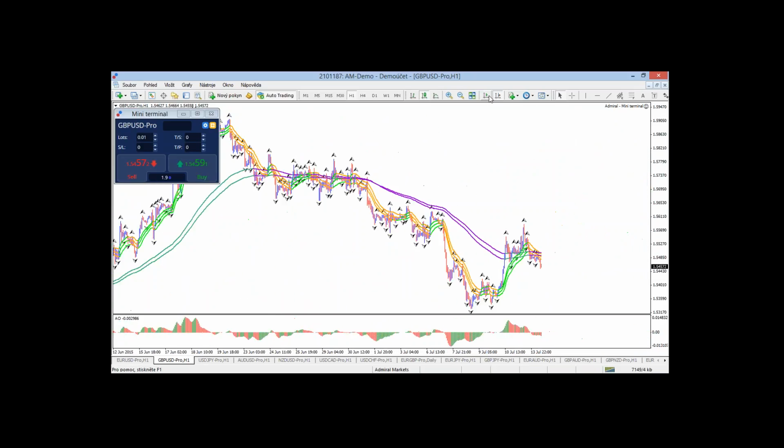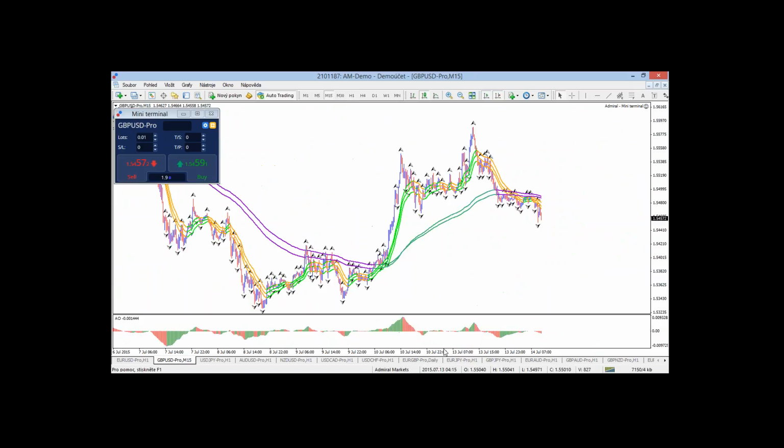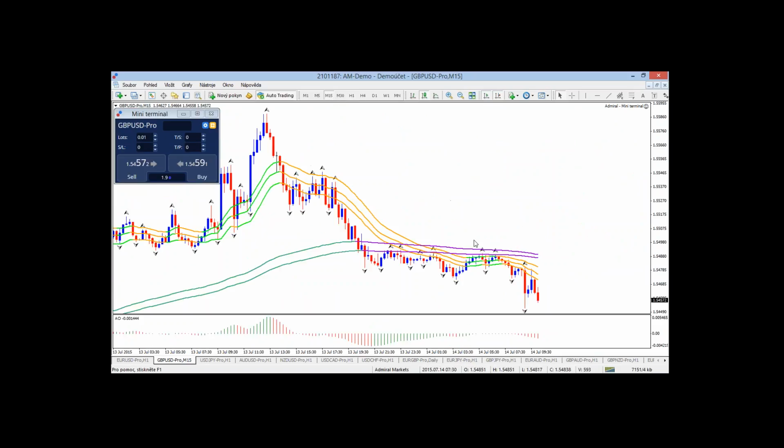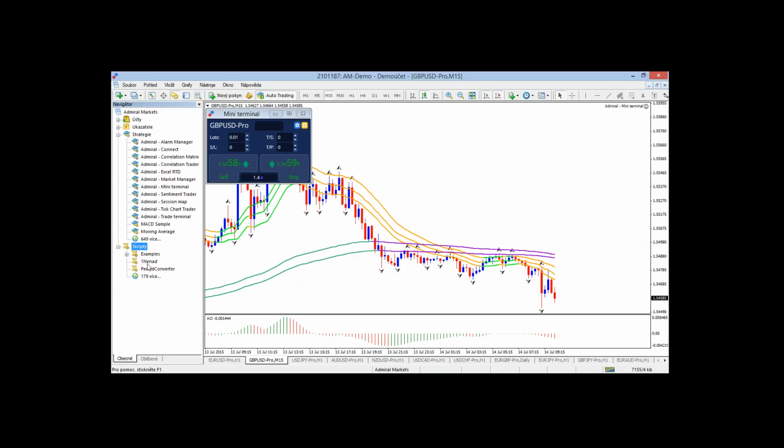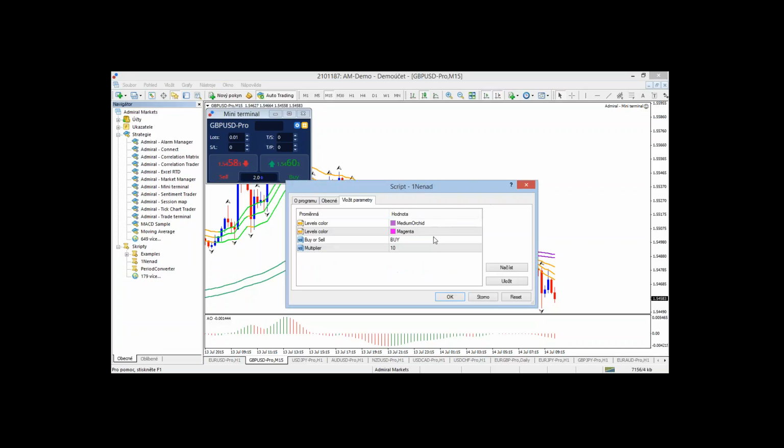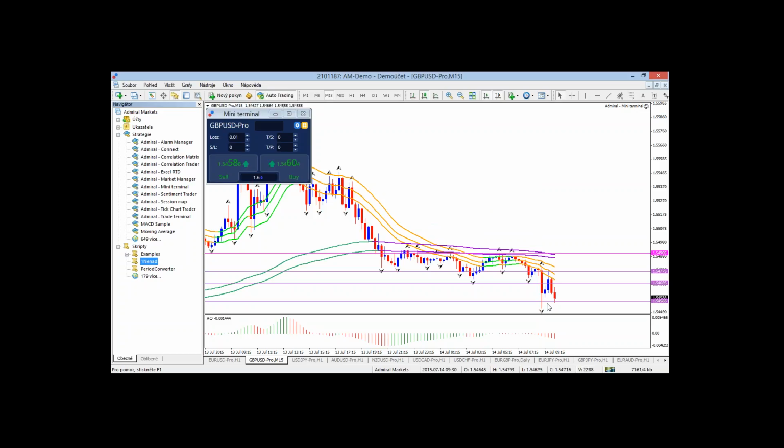So that's the reason. And yeah, just breaking below it at the moment. Reach the third level at this point.